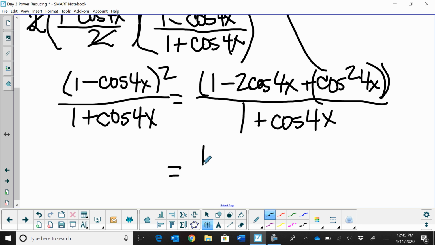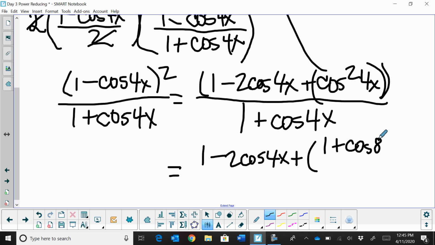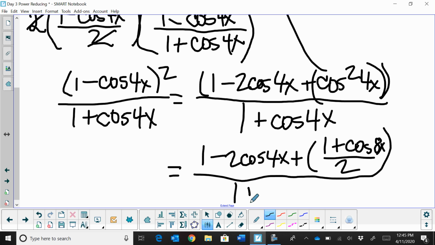I'm going to bring down 1 minus 2 cosine 4x. I'm going to replace this cosine squared with a power reducer, 1 plus cosine, double my angle, 8x, all over 2, all over 1 plus cosine 4x.